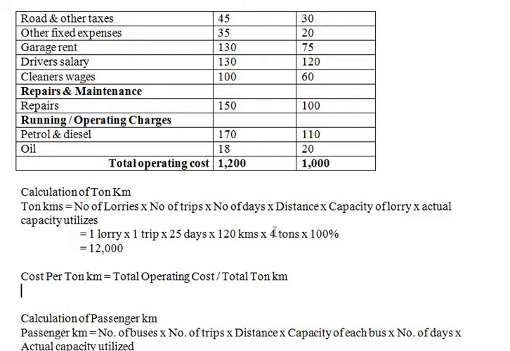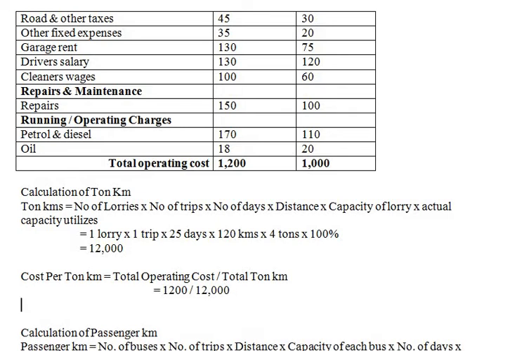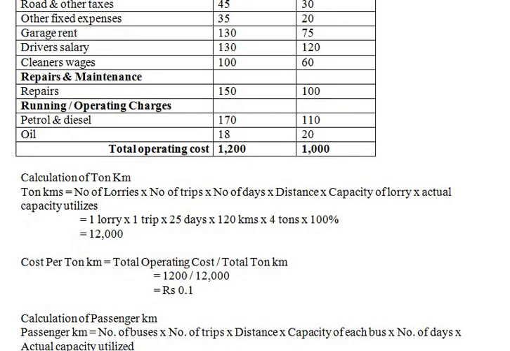Simultaneously we are going to calculate cost per ton kilometer as well, which is total operating cost for lorry, 1,200, divided by 12,000, which will be equal to rupees 0.1. Now we have calculated for lorry.